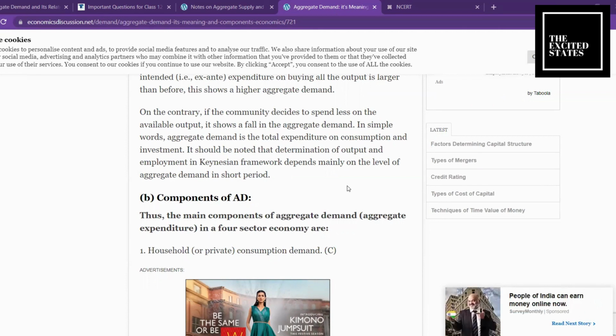Investing in what? In newer machinery, for creating new assets.